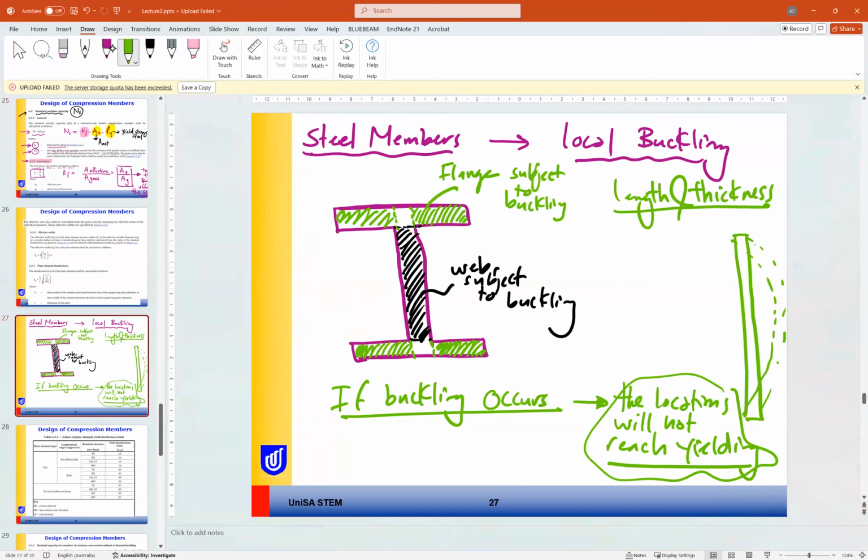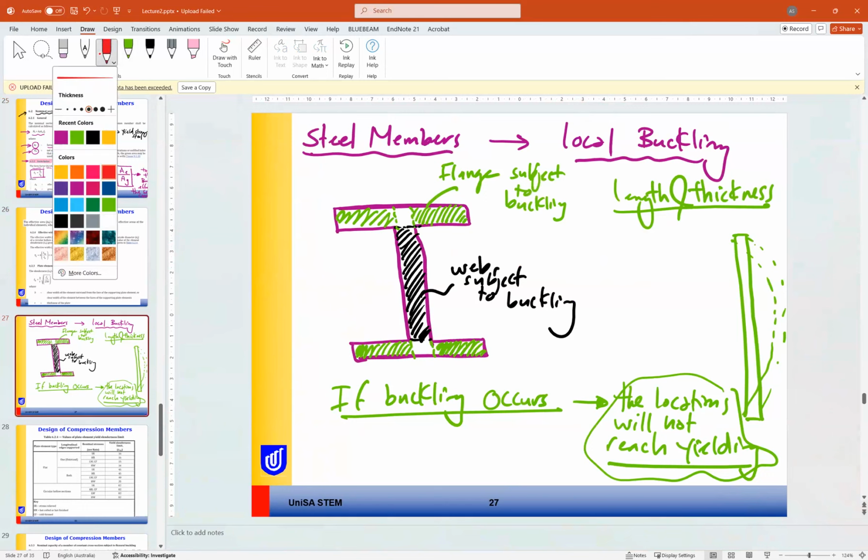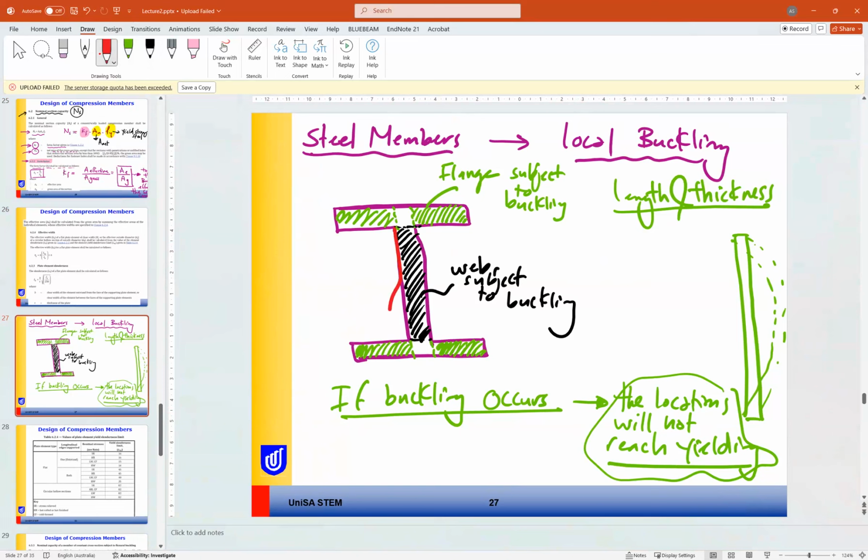If the buckling happens, for example, in this part, this will not reach yielding. So we cannot say that all the cross-section area will reach yielding in this case.